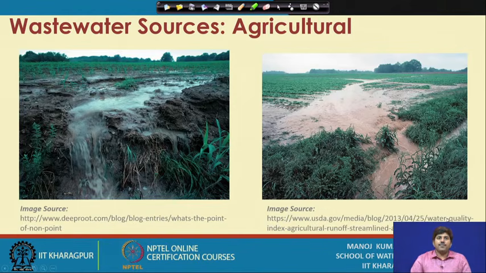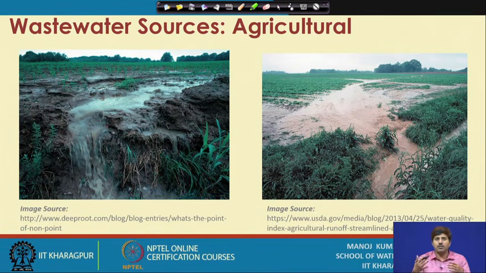Then we have the agricultural sources of wastewater. This is nothing but the wastewater which comes from the agricultural sector. Now, this primarily comes in the form of runoff, as we discussed, and if we expand the origin of the agricultural activity, it could be coming from some other sources, such as post-processing sources, as well. Agricultural wastewater is primarily contaminated with sediments, because it is flowing off the agricultural fields.